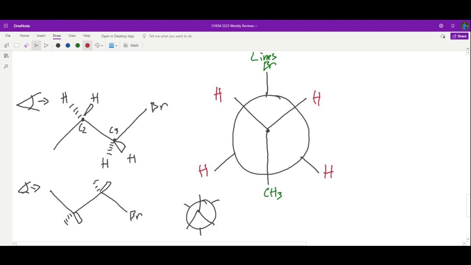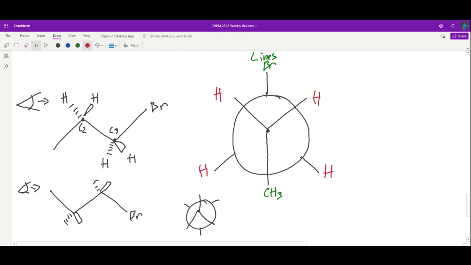So imagine you're looking at this horizontally, and you're looking from the left side. If you're live recording this or watching it on YouTube, hold up a pencil or a pen, and go to the left side and point it this way. And remember how wedges go out of the page?